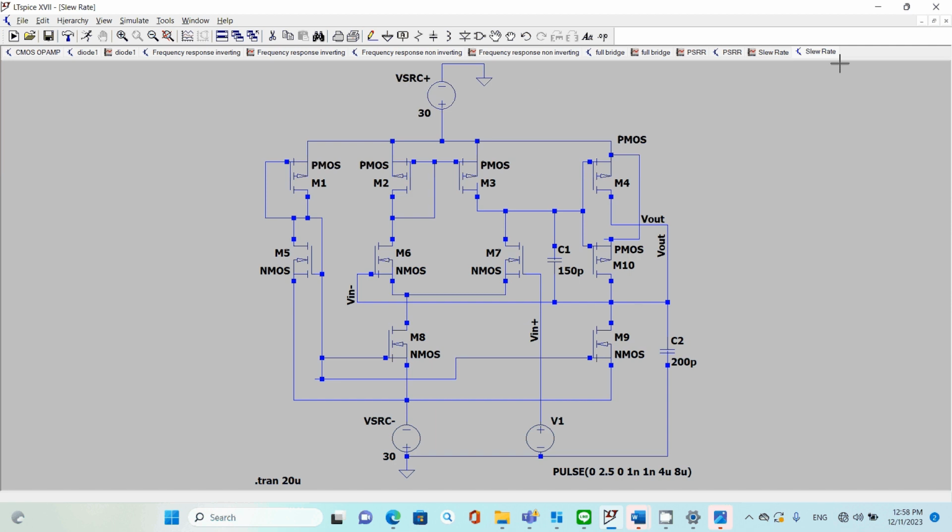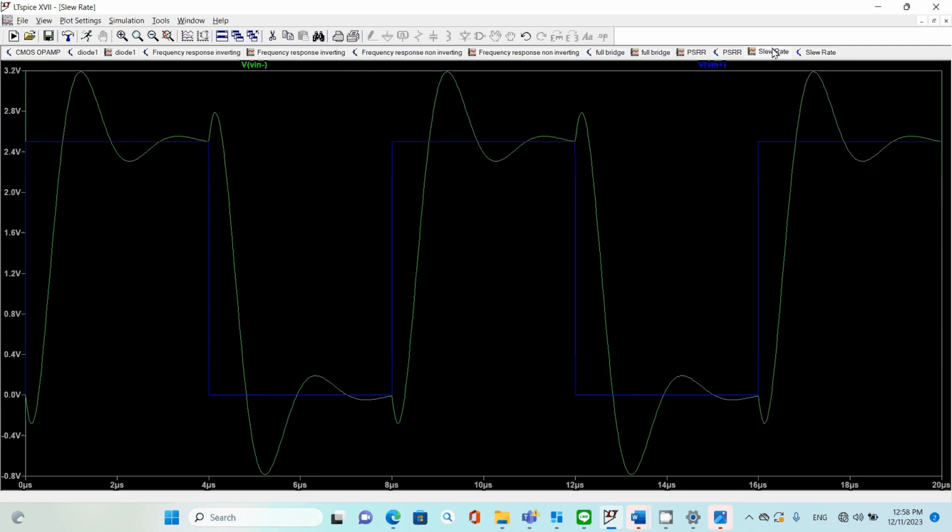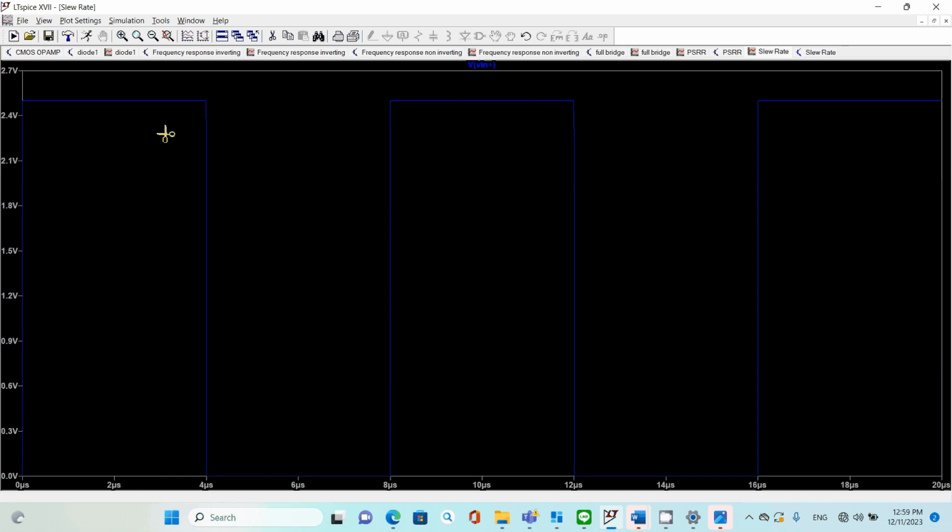Let's get back to the plot, the slew rate. Let's kill V in negative. So this is your input signal. As you can see, if you want to see it clearly, you can just put one period, about 9 microseconds.